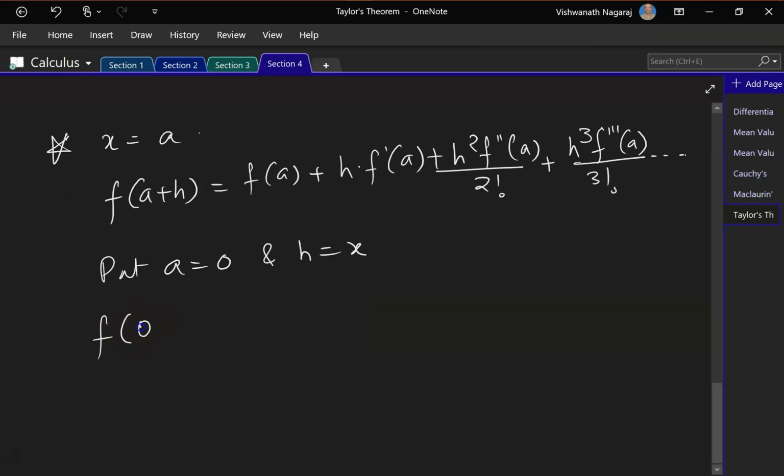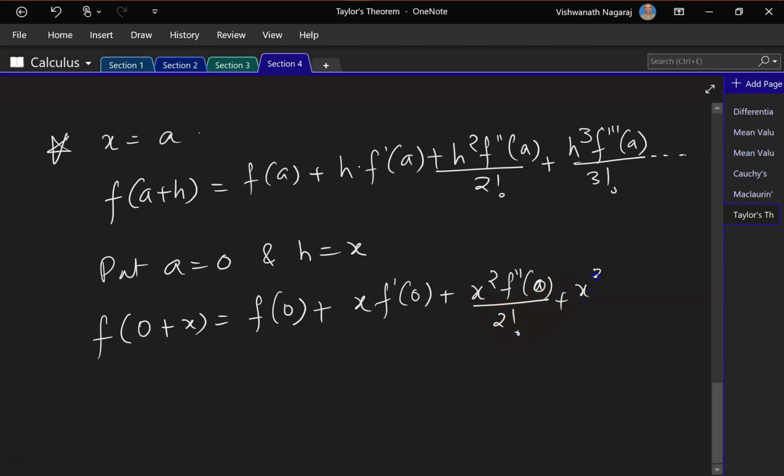F of 0 plus x is equal to f of 0 plus h, which is x, times f prime of 0 plus x square f double prime of 0 by 2 factorial plus x cube f triple prime of 0 by 3 factorial.